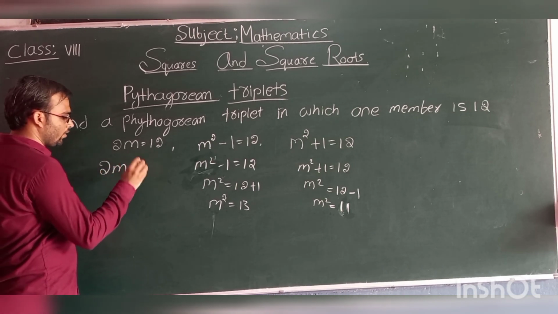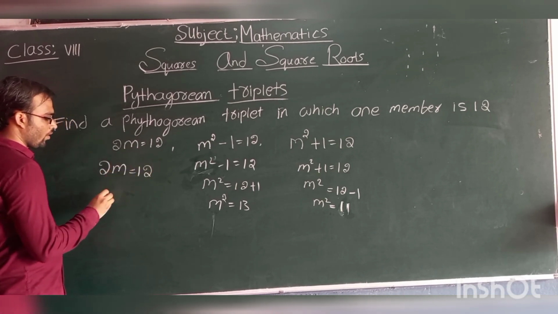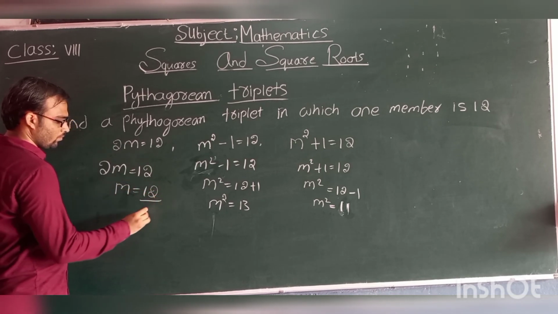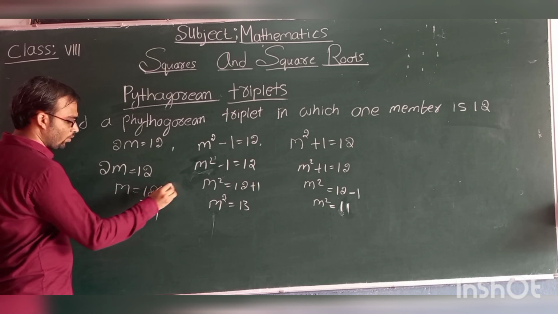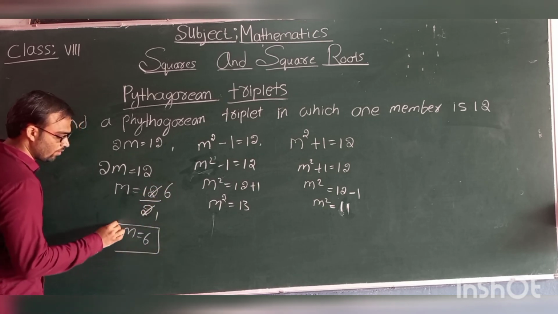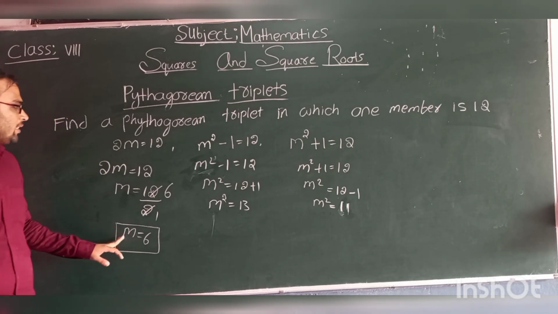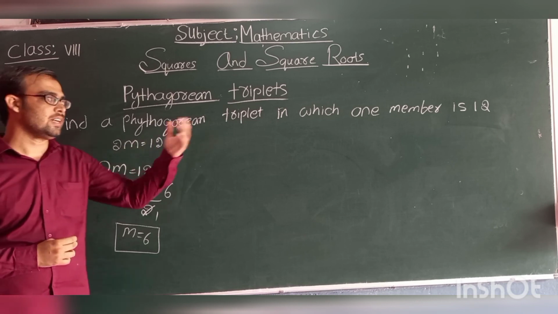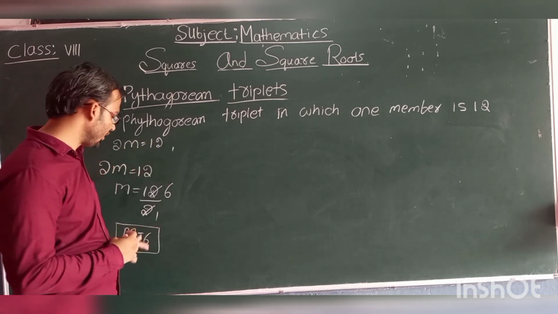So here 2m is equal to 12, and 2 sixes are 12. So we have got the value of m as 6. Students, as we have got the value of m as 6, we can find the other two Pythagorean triplets using the value of m.